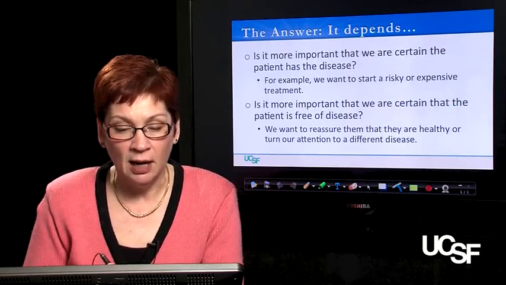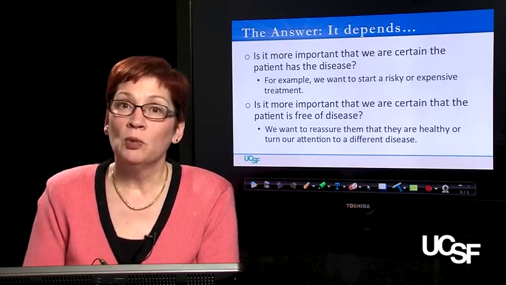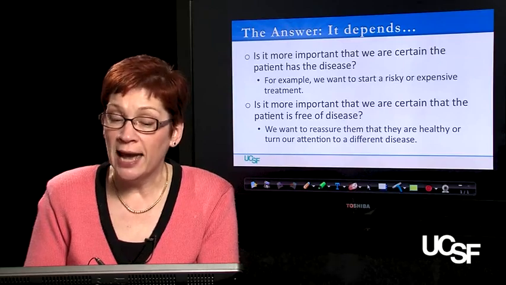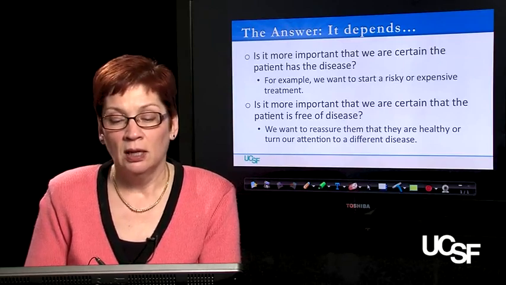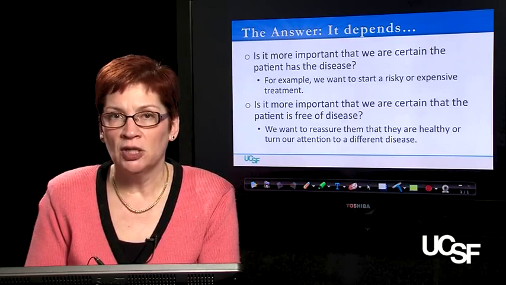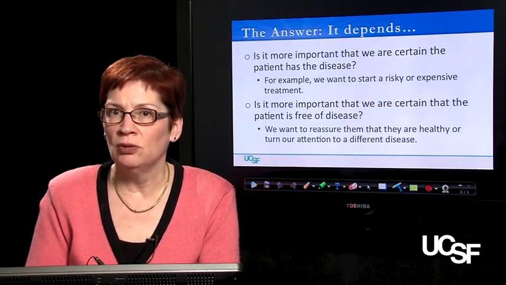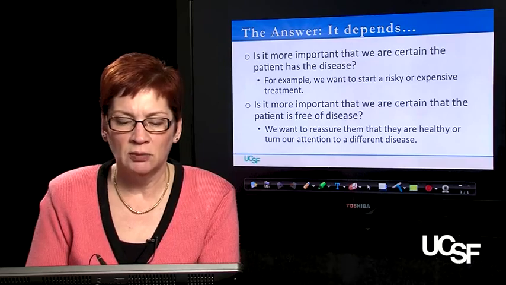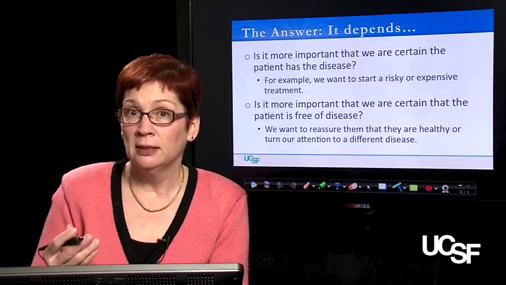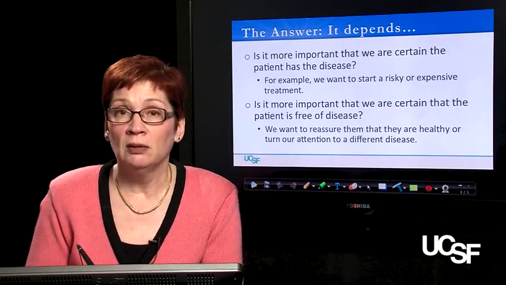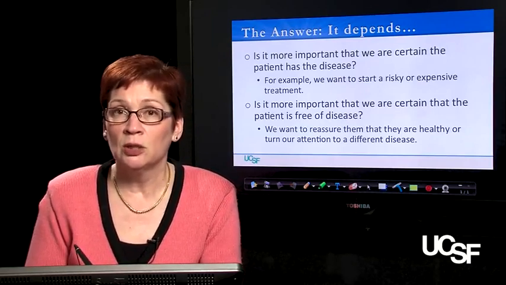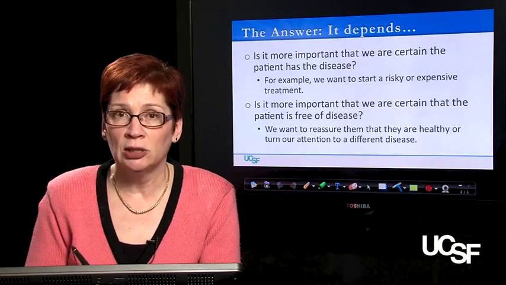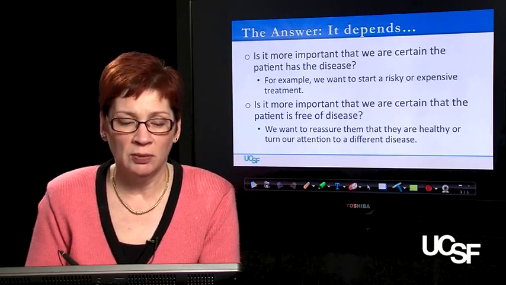So it depends on whether it's more important that we are certain the patient has the disease. So we want to make absolutely certain our patient has a disease if we plan to start a risky or expensive treatment, right? So if the treatment, for instance, is chemotherapy for leukemia, we better be as close to 100% as possible that the person actually has leukemia before we start that treatment.